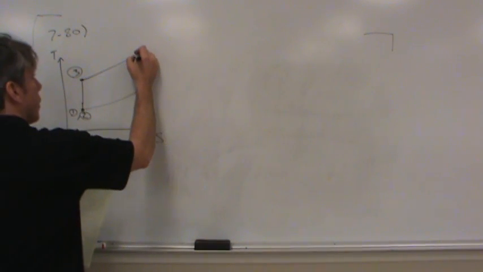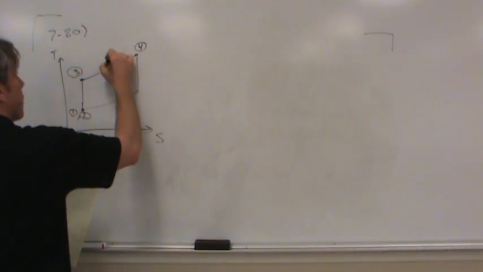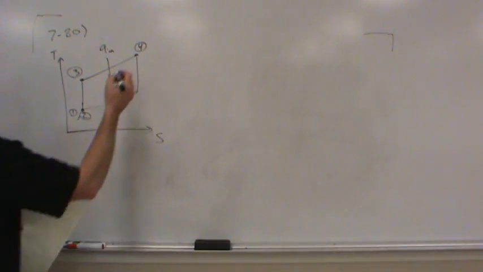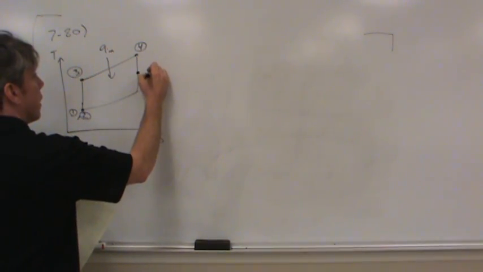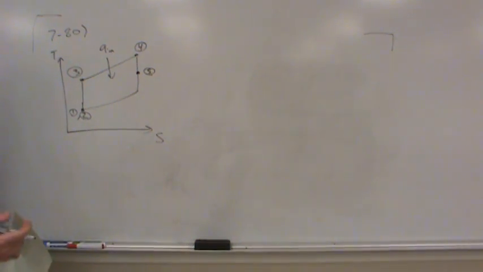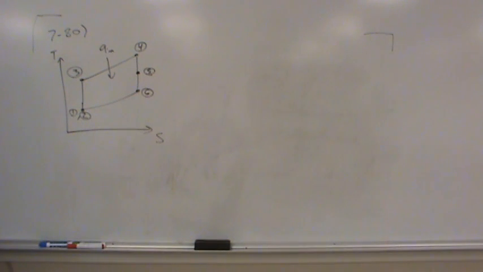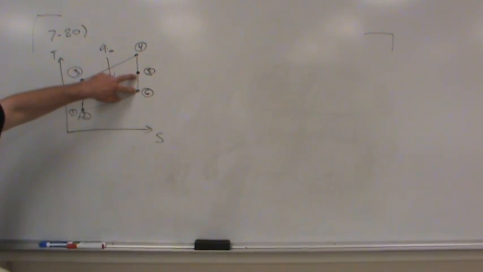State 3 to state 4 is the burner section where heat is added. State 4 to state 5 is the expansion through the turbine. And then state 5 to state 6 is the expansion in the nozzle. So the magic of all this really happens right here in the nozzle.